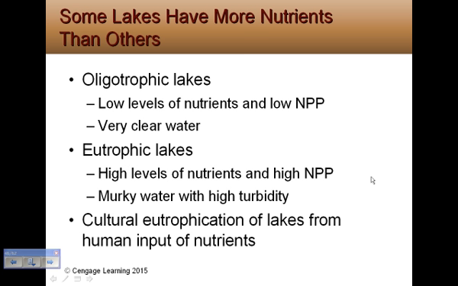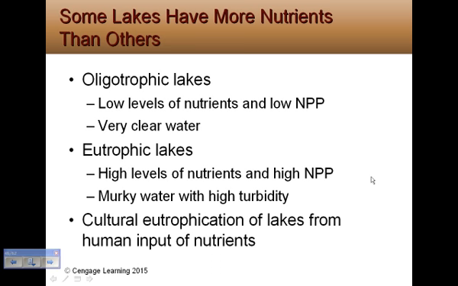If the algal bloom happens too quickly and there is a quick die-off, that can lead to dead zones. But in general, if you have high photosynthetic rates, you're going to be having high amounts of oxygen in there. It's going to tend to be murkier waters, high turbidity, meaning cloudiness, versus the oligotrophic lakes that are very clear.